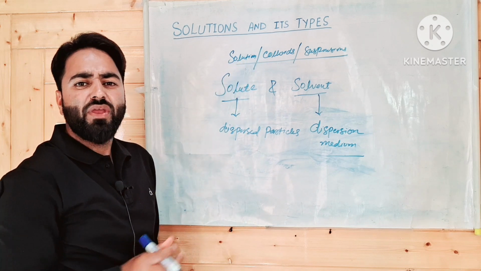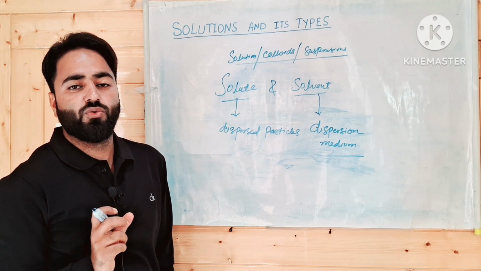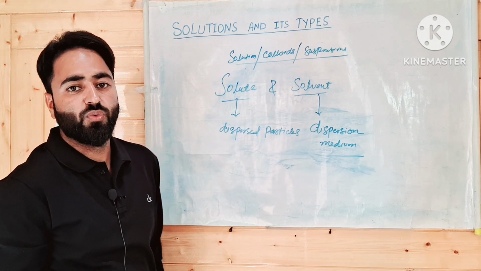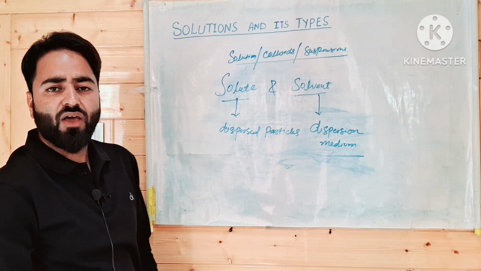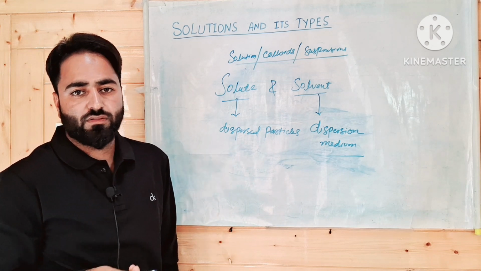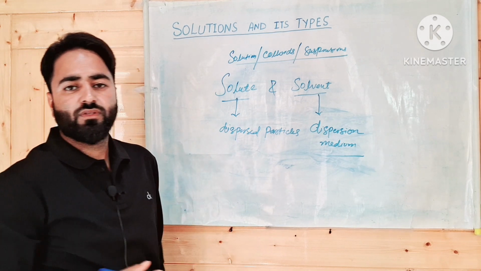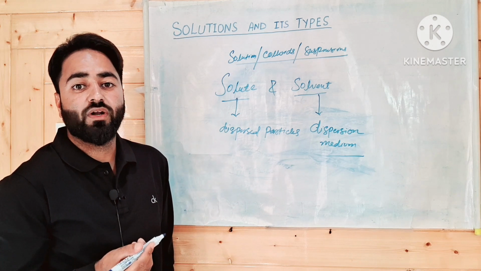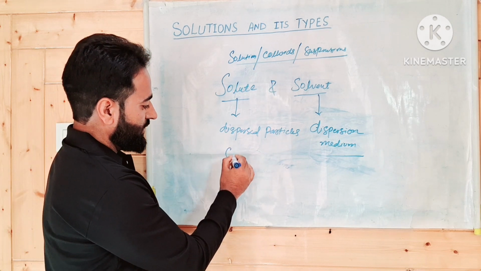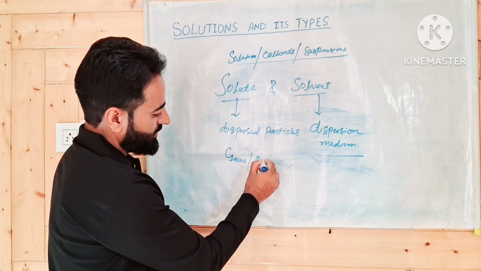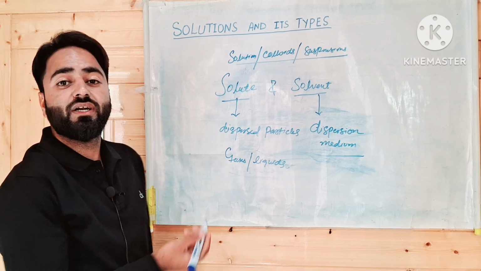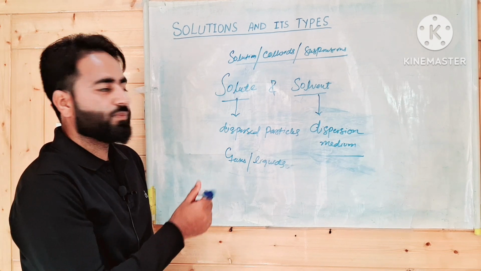In a solution, we have the minimum size of solute, and in a suspension, we have the maximum size of solute. Usually, we have solids as a solute, like sugar, which is a solid, is a solute. Salt, which is a solid, is a solute. But we can have gases and liquids also. These gases and liquids can also be solutes, which we will discuss later on in types of solutions.